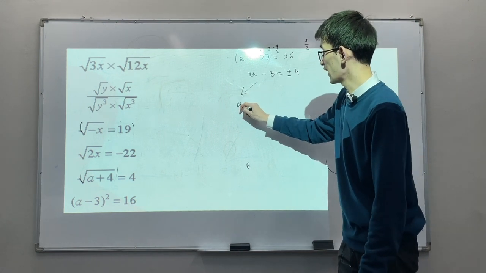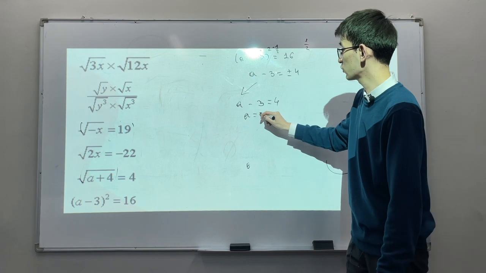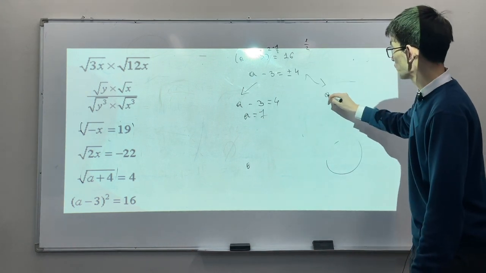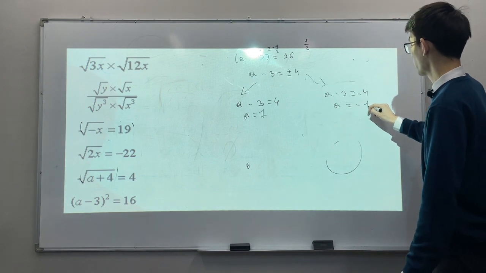The first case, a minus 3 is equal to 4 and a equals 7. The next one, a minus 3 equals minus 4, a equals minus 1.